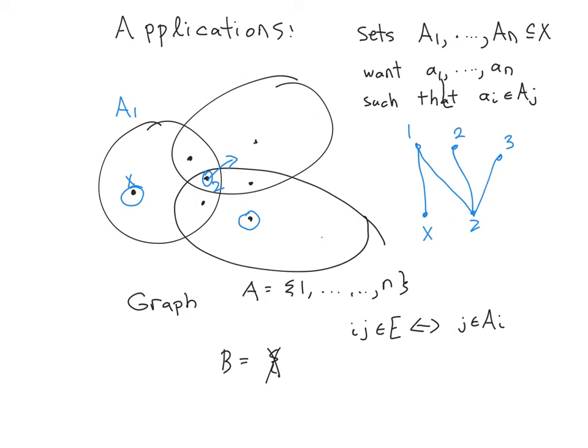And so it turns out solving Hall's problem is equivalent to finding a bipartite matching in this graph. A bipartite matching is a selection of edges, so each set in your collection appears once, and you're picking the representative by using the edges. So for instance, if our matching used 1 and X, then that would tell us that X would be the representative for A1.